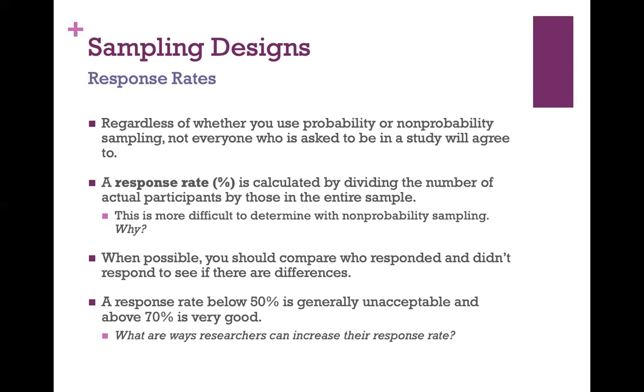And as you can guess by the two pie charts I showed you, females were more likely to respond to the survey than males. So in general, a response rate below 50% when you know it and you can calculate it is not great. Above 70% is very good. And more often you can actually calculate a response rate if you're doing, say, mailed surveys or like random digit dialing. And so you know how many people you are sending invitations to, and you can count how many you're getting back.